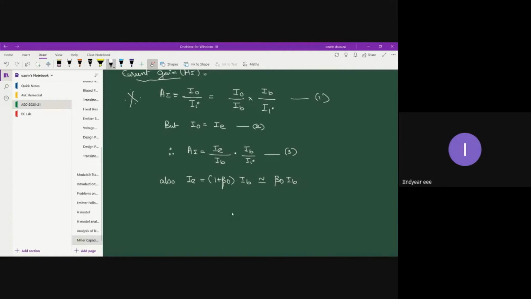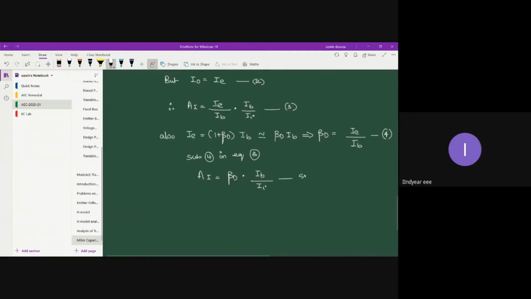That implies the current gain beta D is IE divided by IB, and we shall take this as equation 4. So IE by IB is beta D. You can substitute equation 4 in equation 3, so that you will get current gain AI as beta D into the input current ratio IB by II.